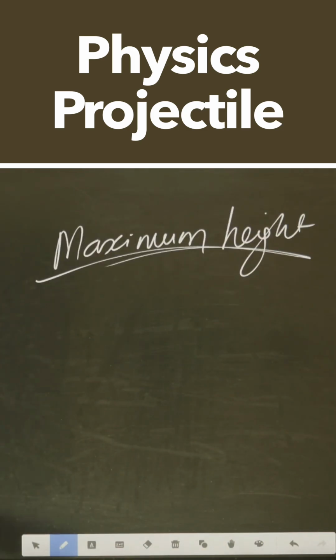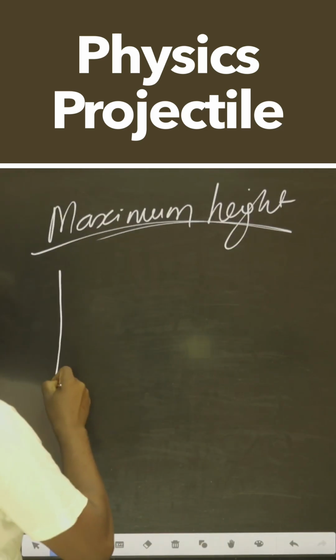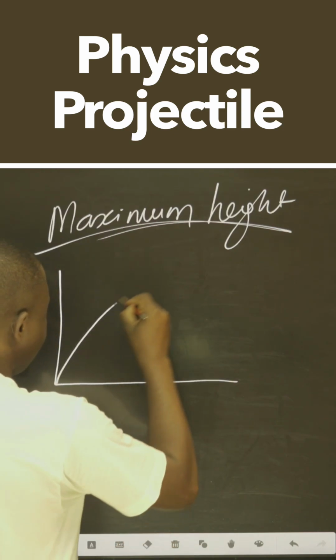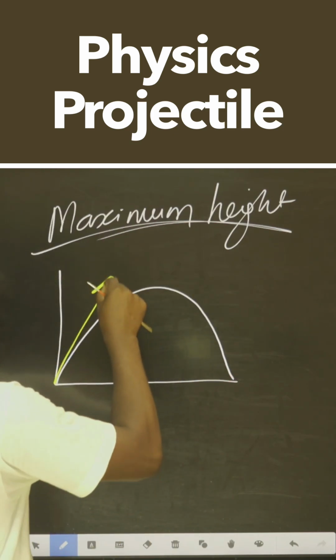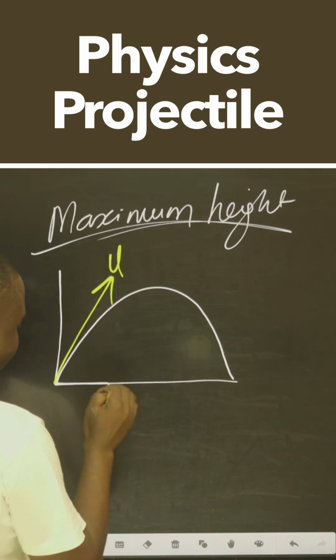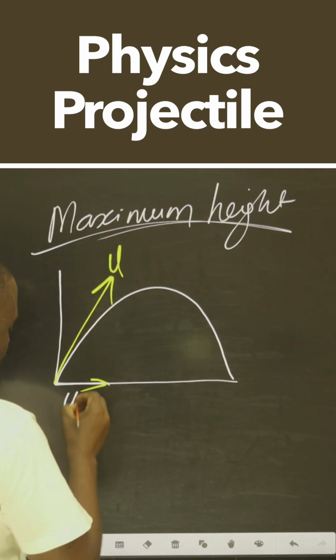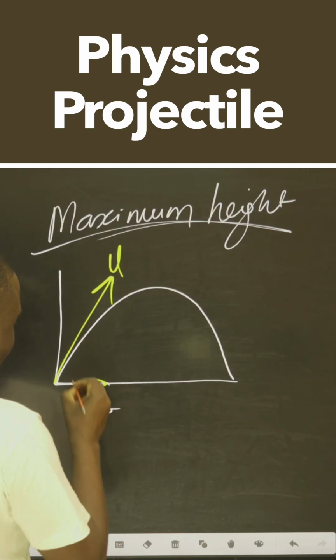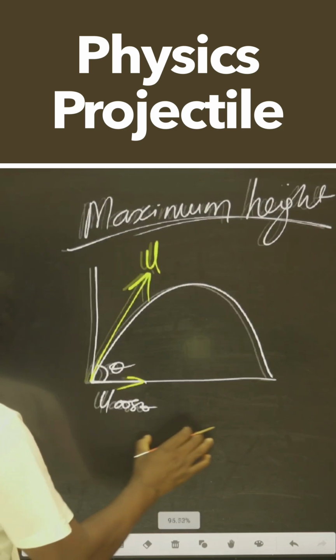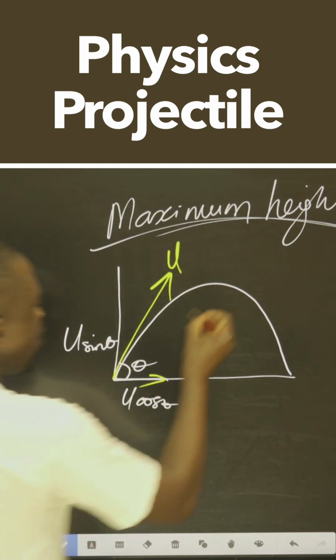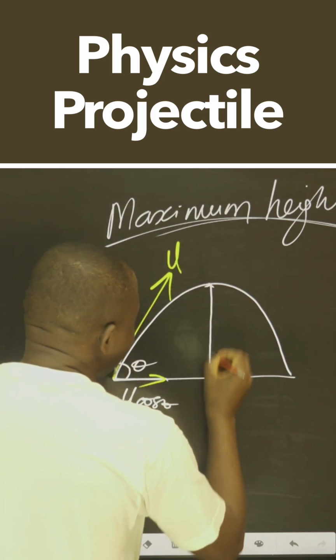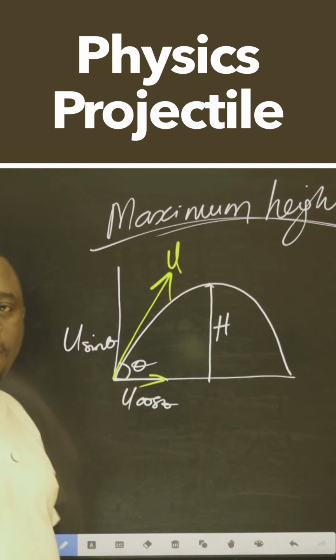Now, the maximum height we are talking about, say it is like this. This is still the U. This is U cos theta. This is theta. This is U sine theta.